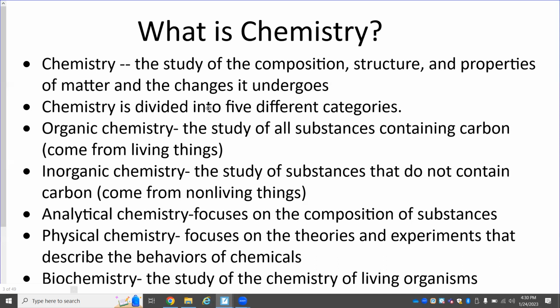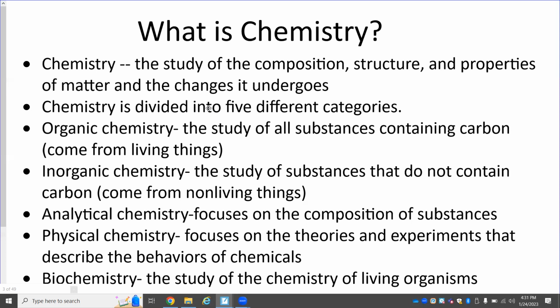This organic chemistry is a little above what we tend to deal with. We will focus more on inorganic chemistry. This is the study of substances that do not contain carbon. They're not from living things. These tend to be more mineral-based, and we will go through those.